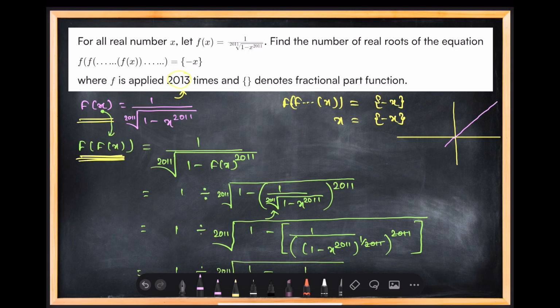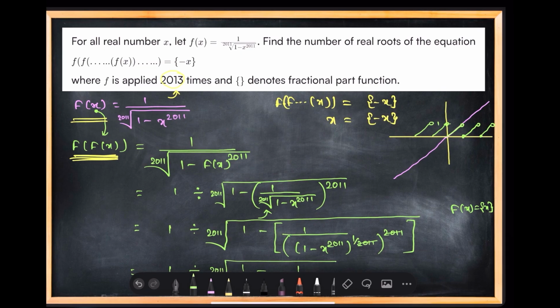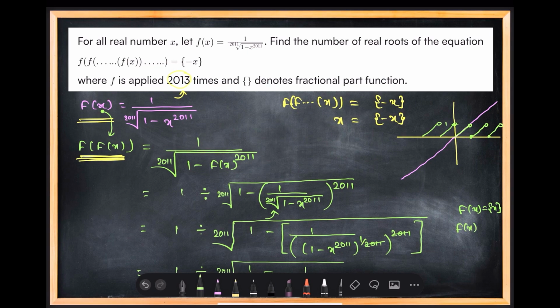Now suppose that I'm asking you to draw a graph of f of x equals the fractional part of x. You know that it is looking like this, open, then here filled, open, then here filled. It will go till 1, right? It proceeds this way. But you have to draw a graph of f of x equals the fractional part of minus x. So look at this.